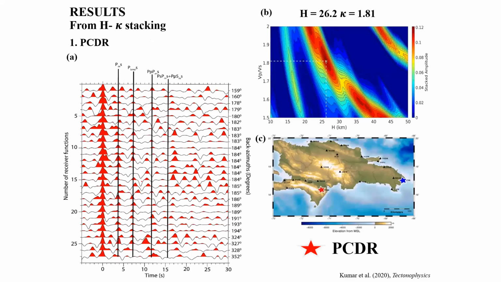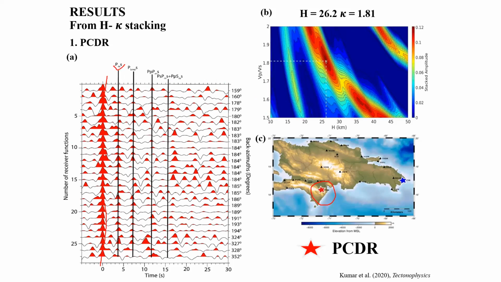So these are the results from H kappa stacking. You can see there is this gather for a station, where the location of the station is represented over here by a star. So these are all the receiver functions, and this is the direct P phase, and here is the Ps phase.